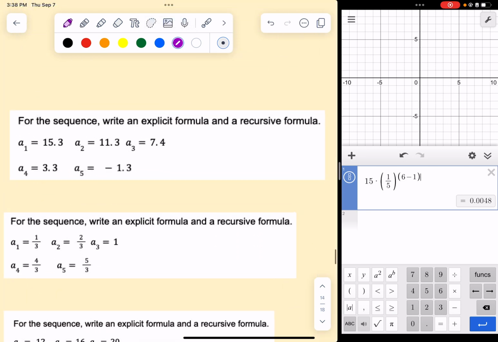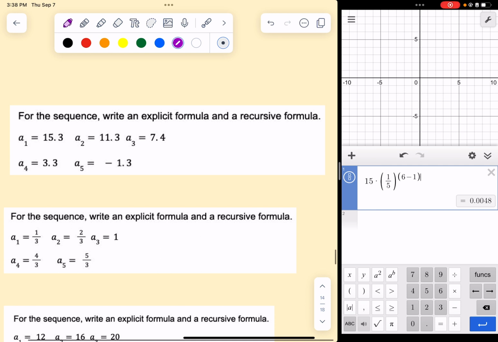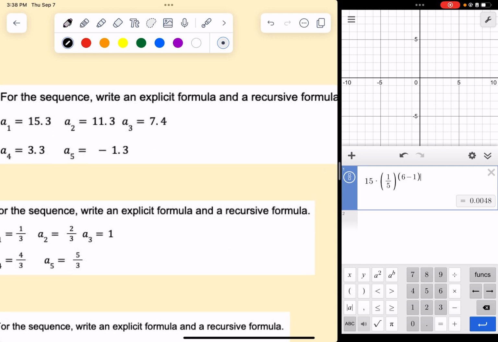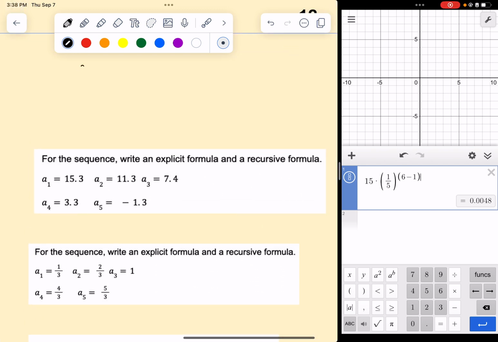It says, for the sequence, write an explicit and recursive formula. So you have to write both. It's probably a little bit easier to make a table. A1 is 15.3. A2 is 11.3.